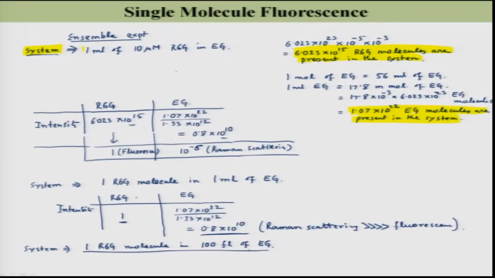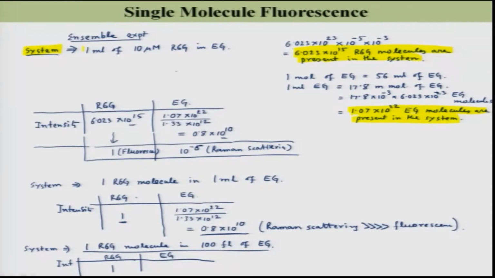If it is 100 femtoliter, then intensity of R6G is 1 because I have only 1, and here for ethylene glycol this number will change.